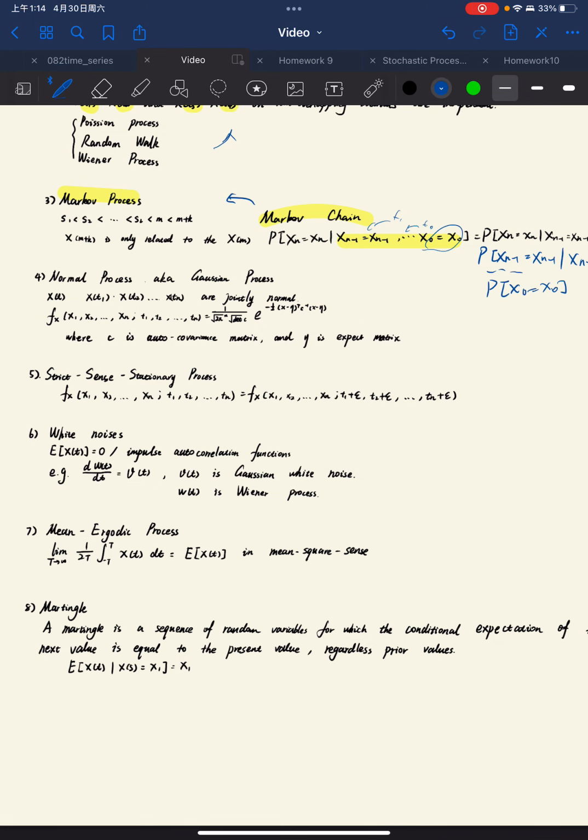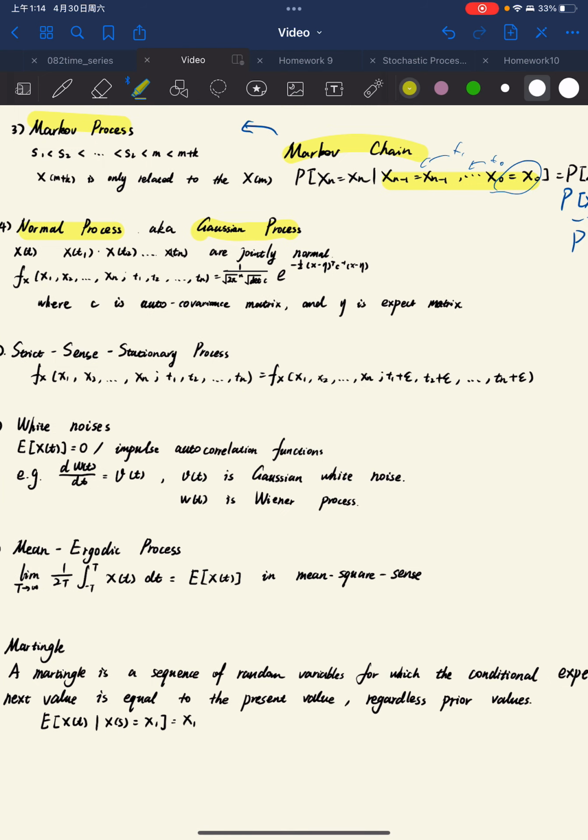For the fourth one, the normal processes, which are called Gaussian processes, it means that the Xt at different times are jointly normal, and the distribution is mostly like the Gaussian distribution.